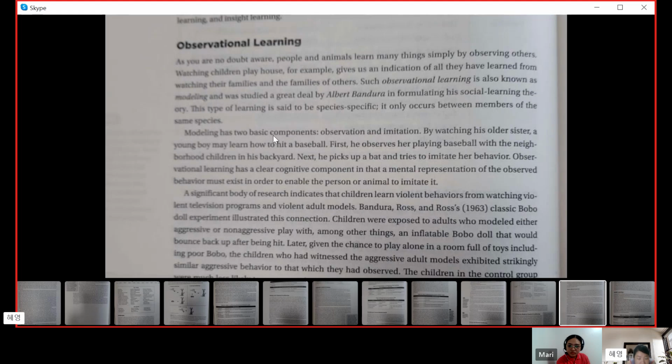Starting with observational learning: as you are no doubt aware, people and animals can learn many things simply by observing others. Watching children play house, for example, gives us an indication of all they have learned from watching their families and families of others.